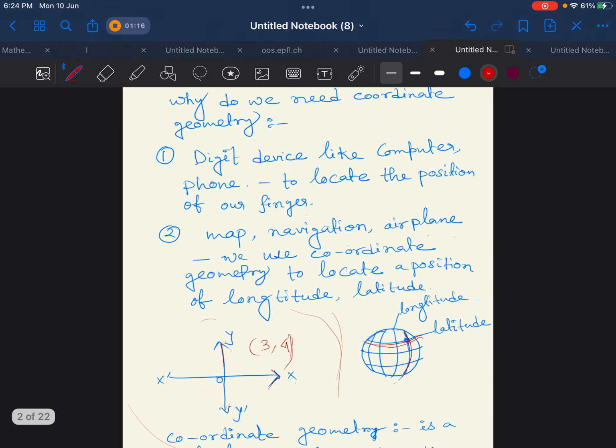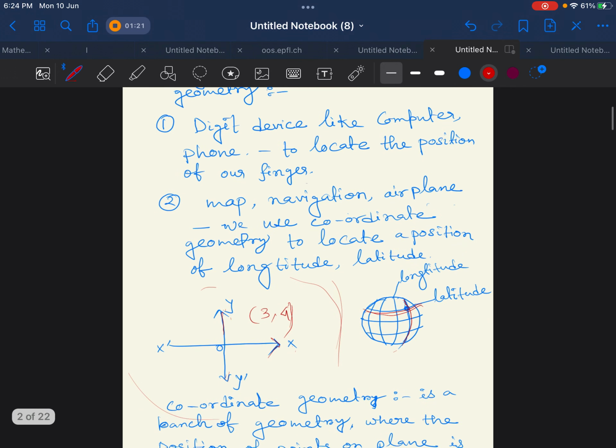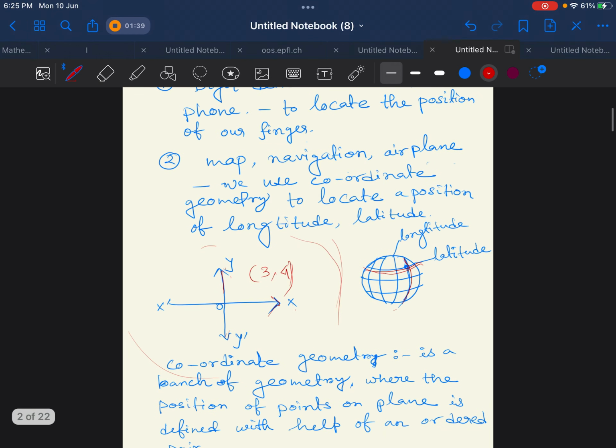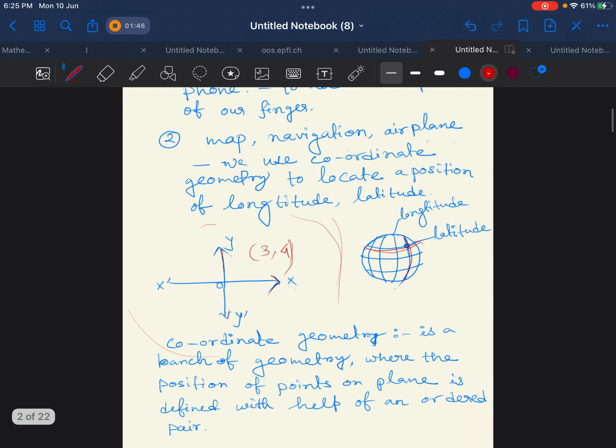The first example is digital devices like computer and phone. Here we use coordinate geometry in computer and phone to locate the position of our fingerprint. Okay. The second example is map, navigation, airplane.